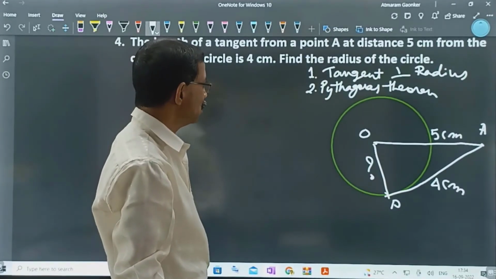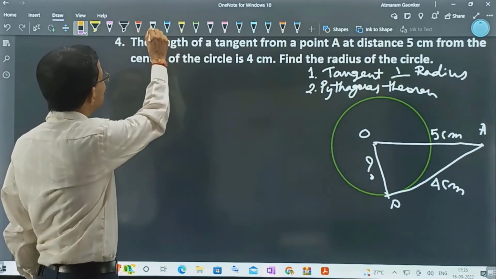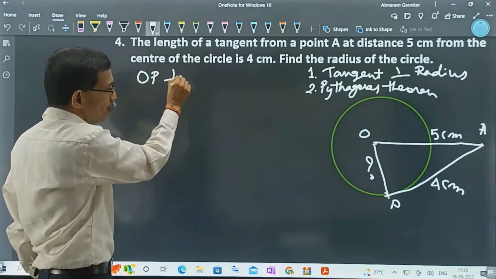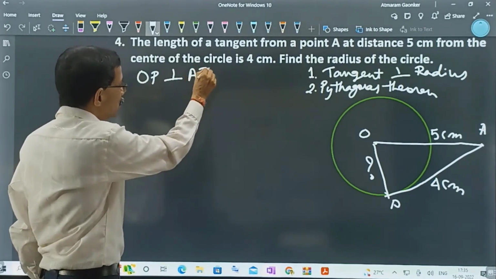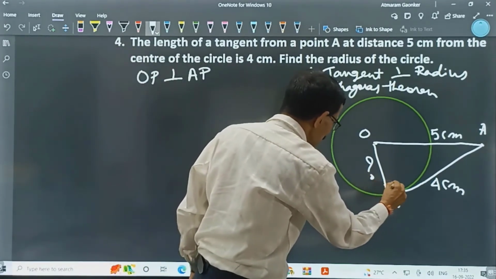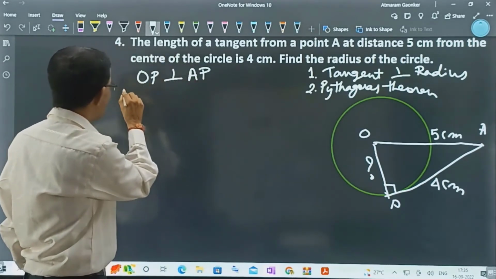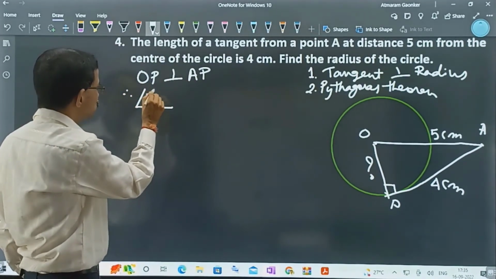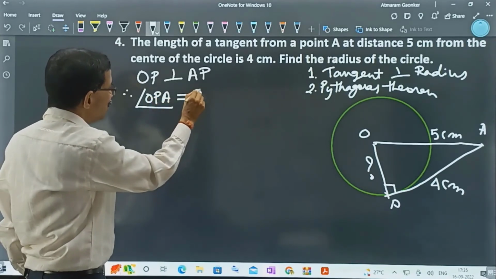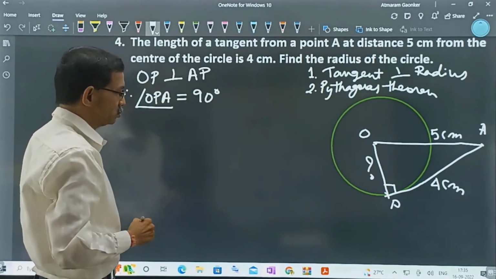So let's begin. OP, which is the radius, is perpendicular to AP, which is the tangent. So therefore this angle is 90 degrees. So I can write, therefore angle OPA is equal to 90 degrees.